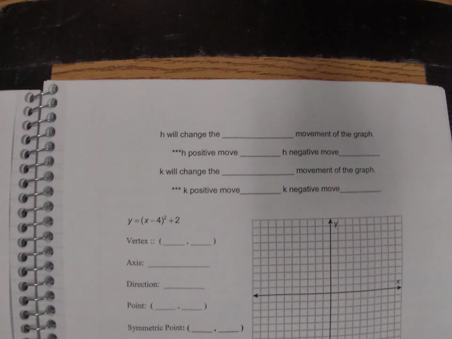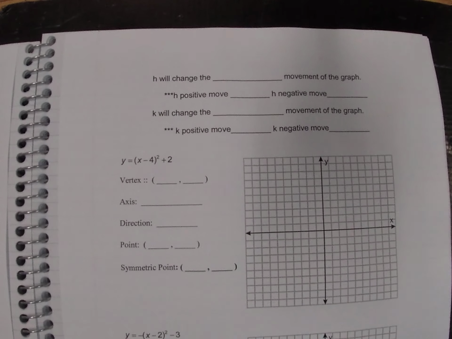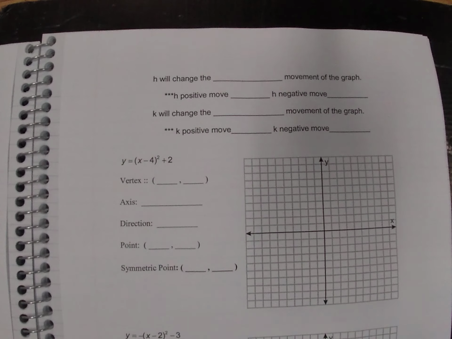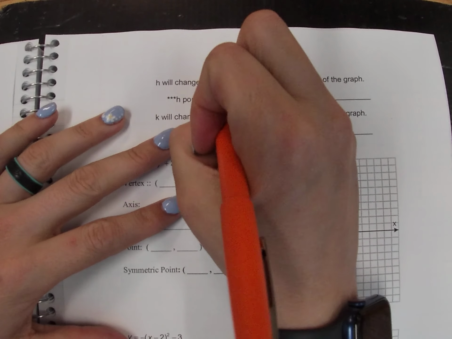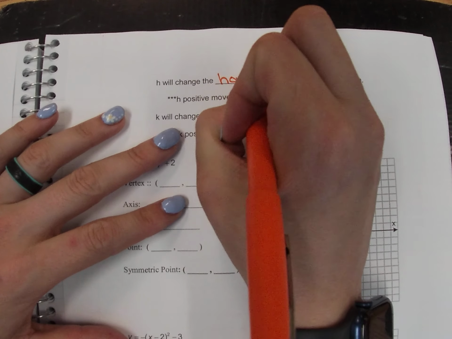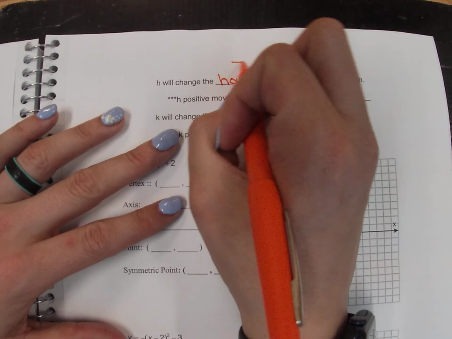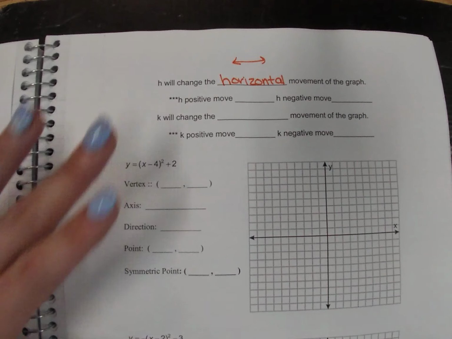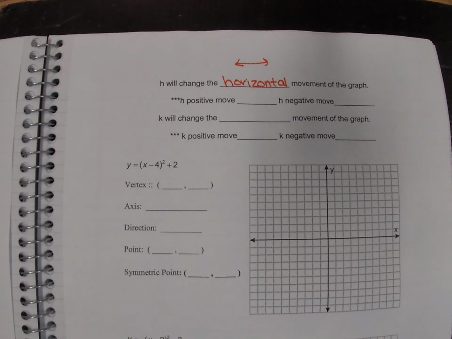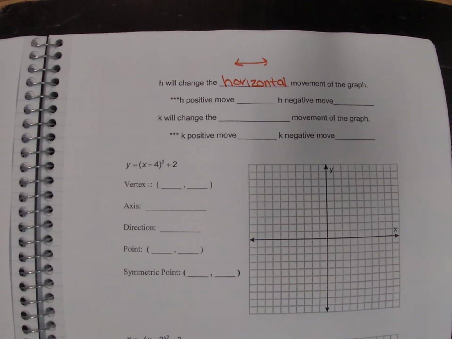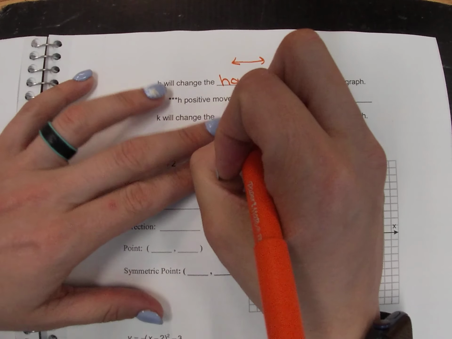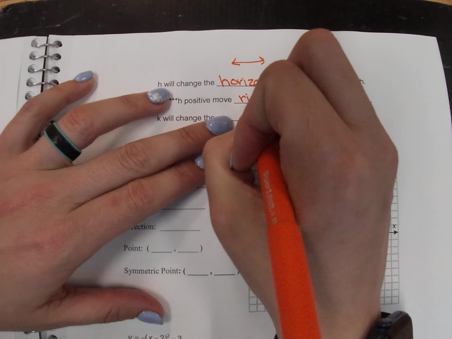That h value, the number that's sitting inside of the parentheses, is going to change our horizontal movement. So that means how much the graph moves right and left. If h is positive, we are going to move right.